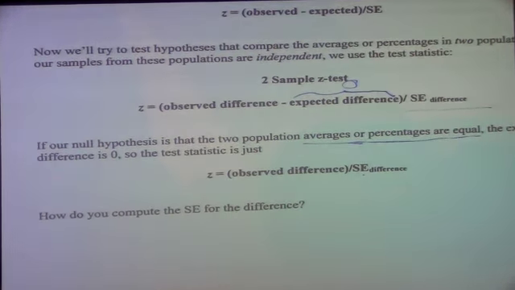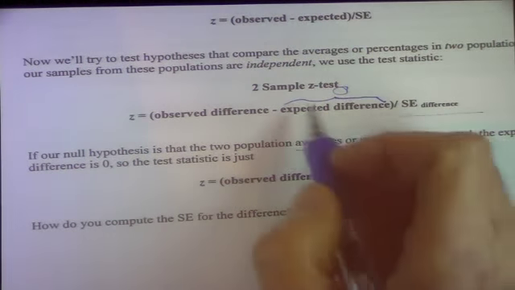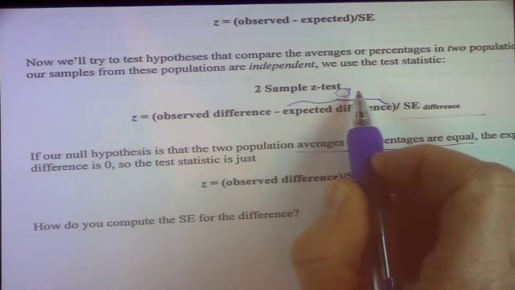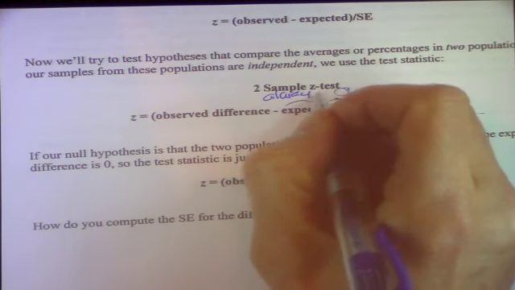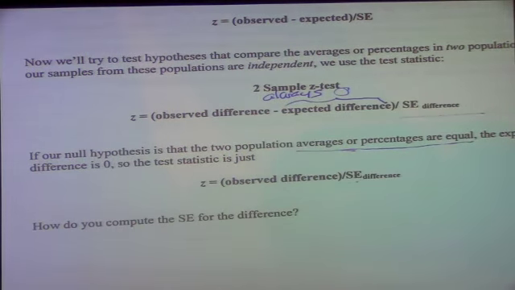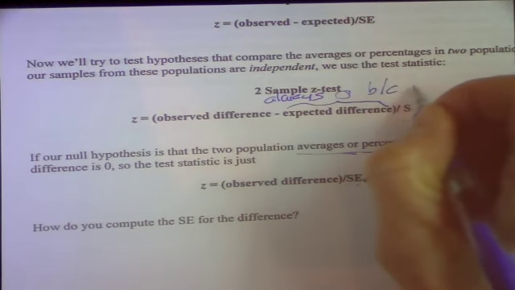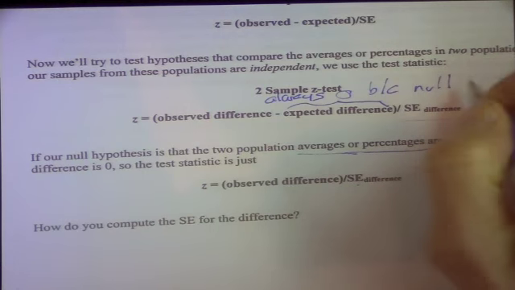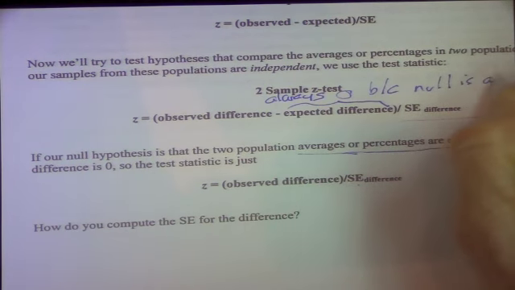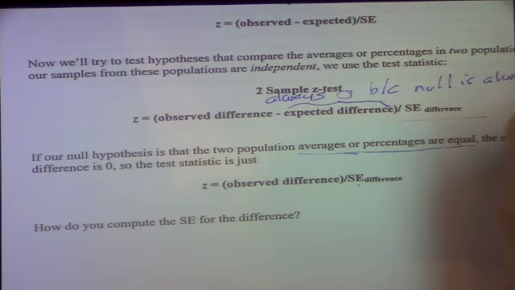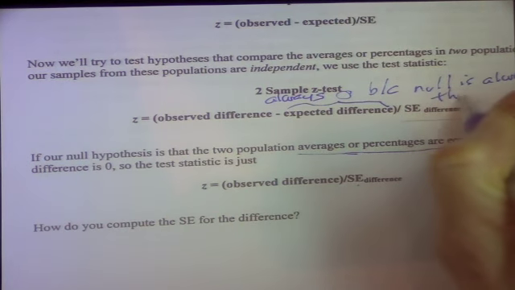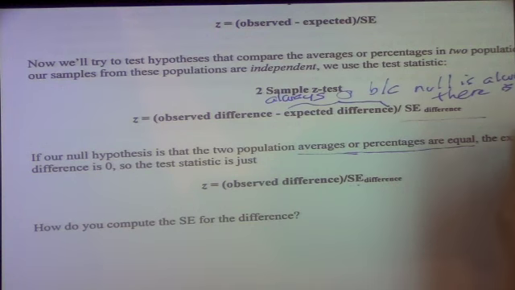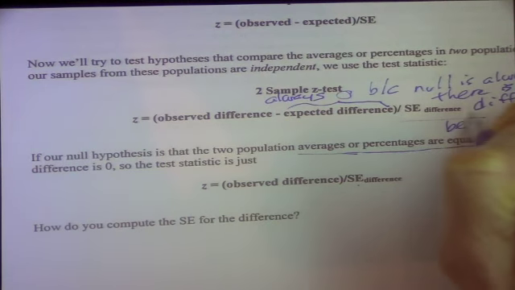Maybe I should clarify that this expected difference is always 0 in all the problems we're going to look at, because the null hypothesis is always that there is no difference between the two populations.